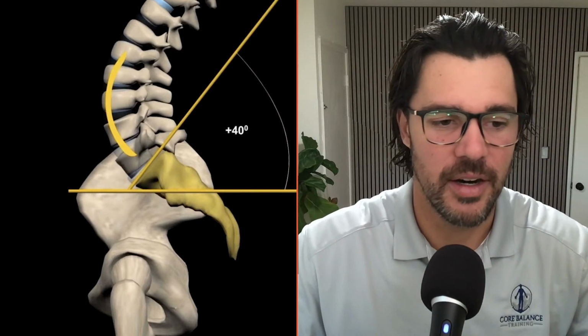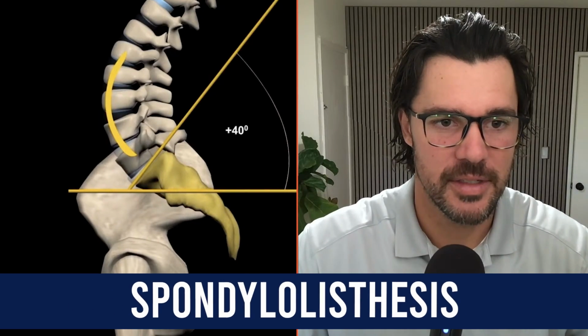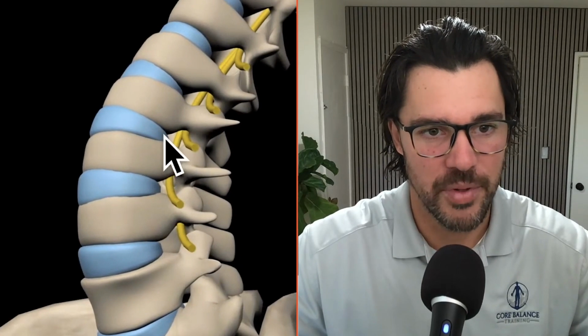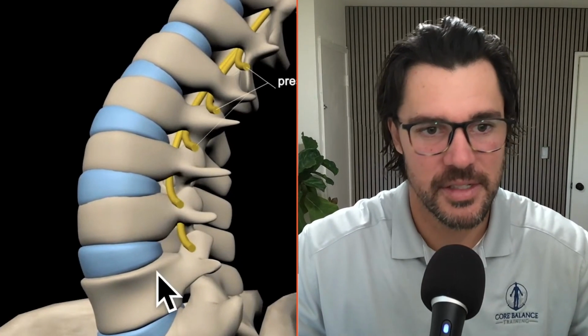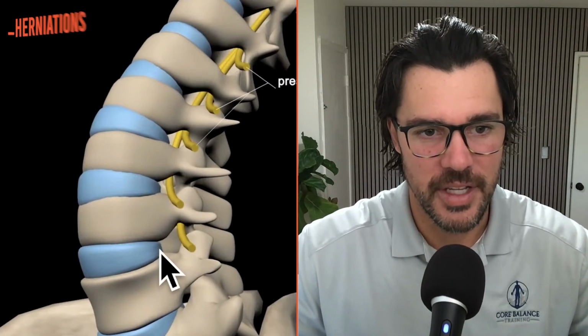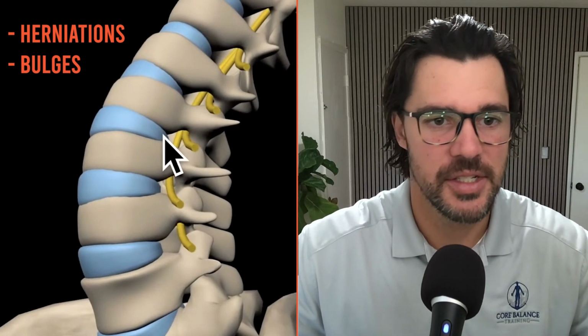And that's what we call spondylolisthesis. The force actually breaks down one of the segments and it starts to slide forward instead. You can see that the space between the vertebrae is getting closed down. It's going to compress more on the back of the discs, which will cause things like herniations or bulges.